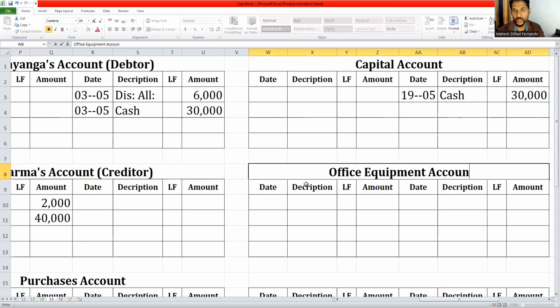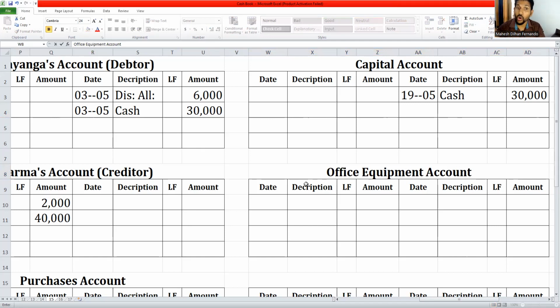So open an account for office equipment too, but there is no connection to cash. But listen to me, don't ever think that the owner has to invest capital always in cash. No. The owner can invest capital in the form of office equipment or any other asset.